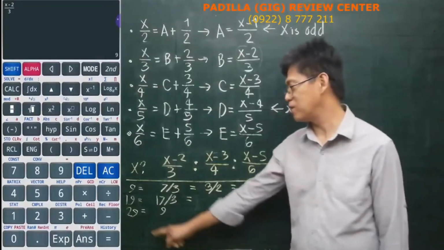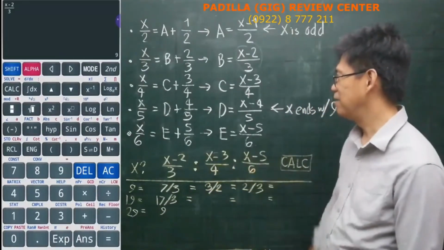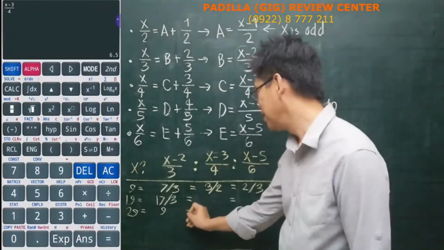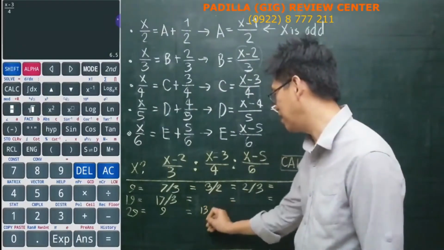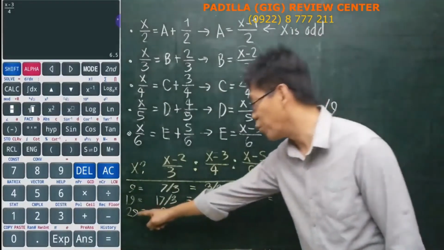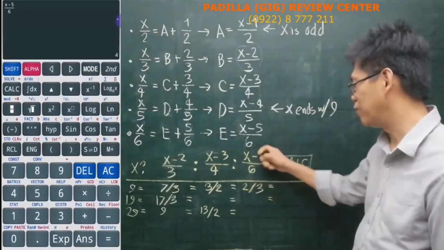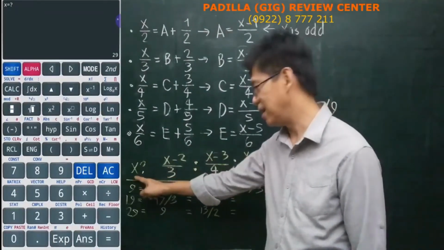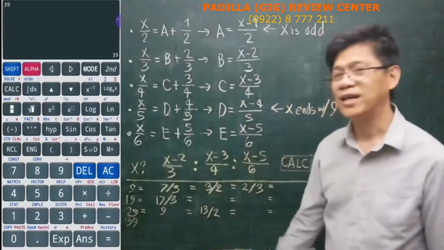But it doesn't mean that 29 is already acceptable. C and E must also be whole numbers. So, press equals. Your calculator will give you 13 over 2. That is not a whole number. So, 29 is not acceptable. Press equals, it gives you the value for this. Press equals, your calculator will ask you another x. So, try 39, equals.